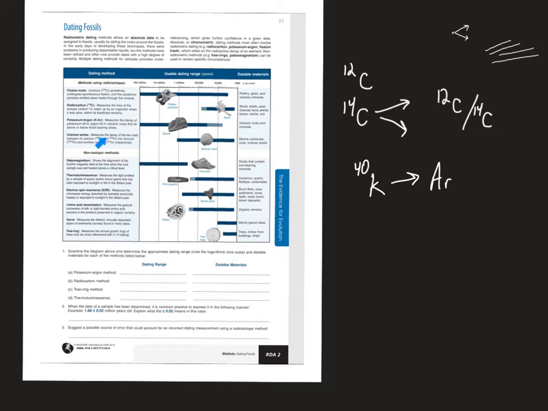Uranium series is where uranium turns into thorium. Again, what happens is these things break down. Uranium-235 and 238, those are two different radioactive elements.